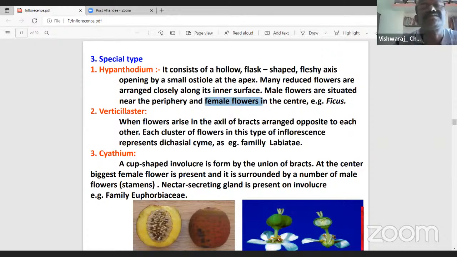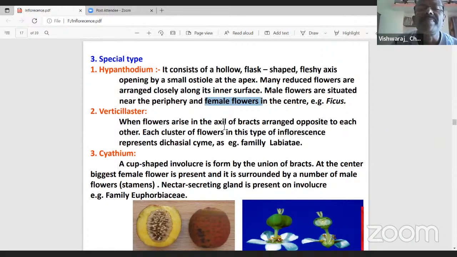Then verticillaster. Second special type, verticillaster: when flowers arise in the axils of bracts arranged opposite to each other, each cluster of flowers in this type of inflorescence represents a dichasial cyme. Example: Labiatae, like Ocimum, tulsi, basil.